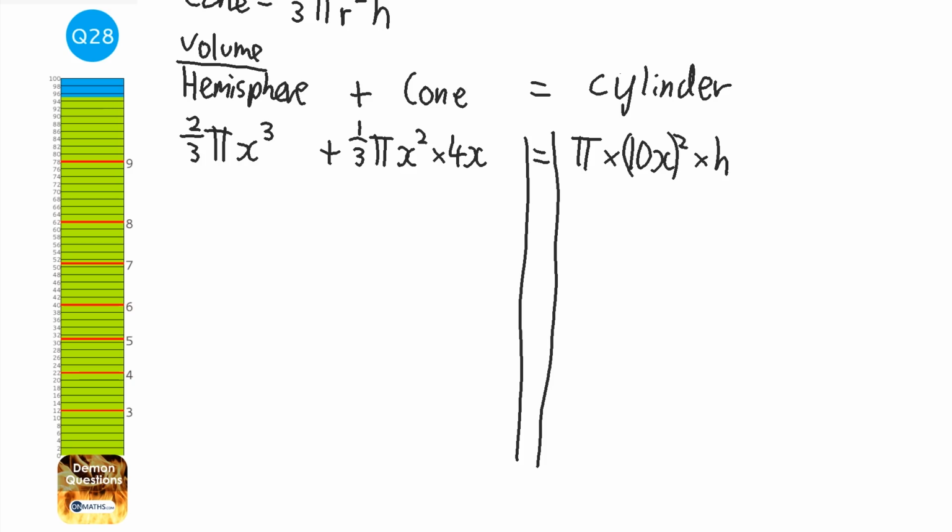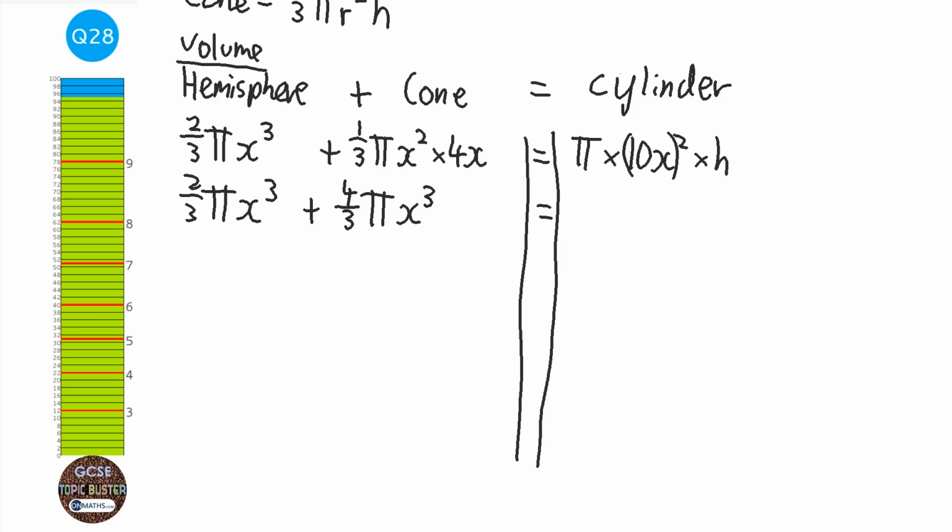I'll put my lines down. Okay, so what we got? Let's sort out the timeses first, and let's tidy this up. So that hasn't got any timeses in it. This we're timesing it by 4, so it's going to be 4/3 pi, and I'm timesing it by x, so that's going to be x cubed. This one, I'm doing the 10x squared, so I need to square the 10 and the x, so it's going to be 100 pi x squared h.